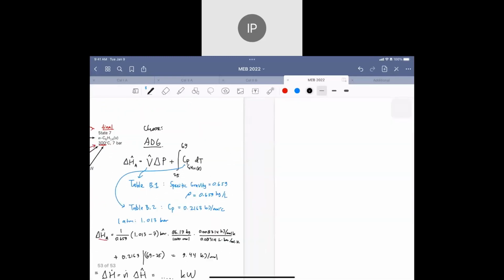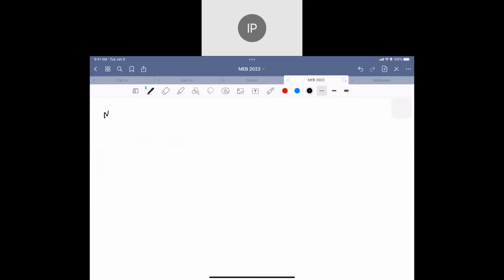Okay, so next is just some notes here. For a closed system, because in the closed system we are dealing with internal energy mostly, we could get the internal energy from the specific enthalpy minus the change in PV.